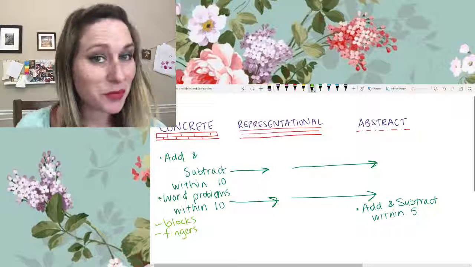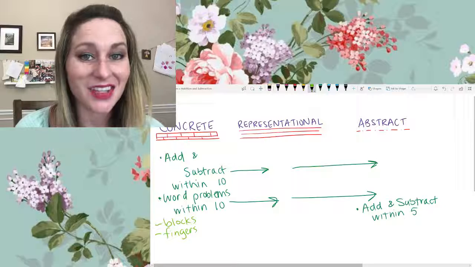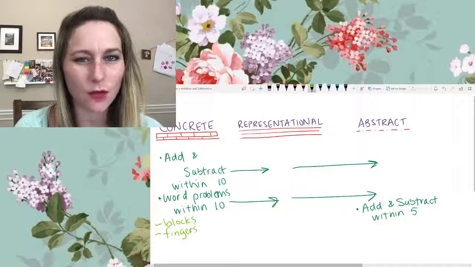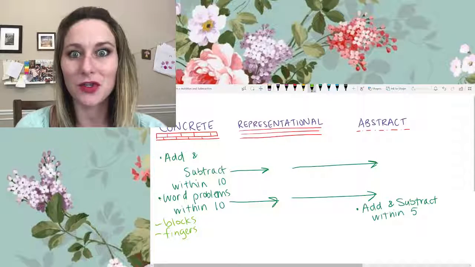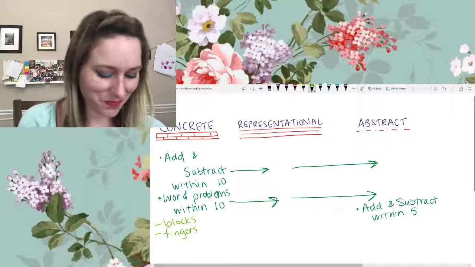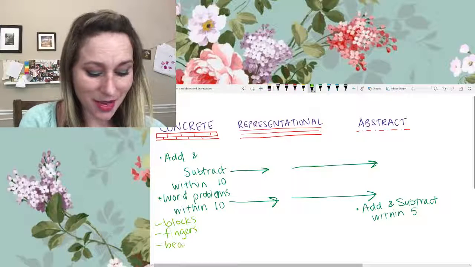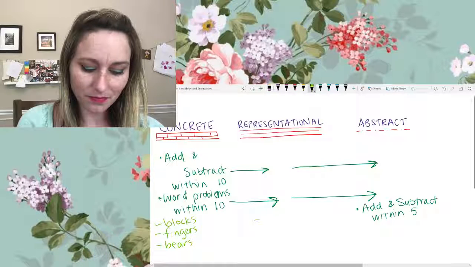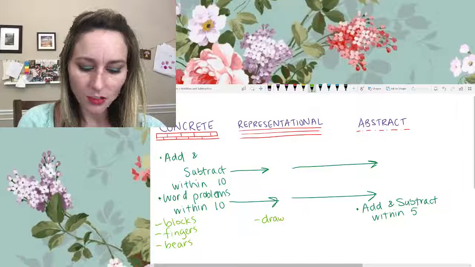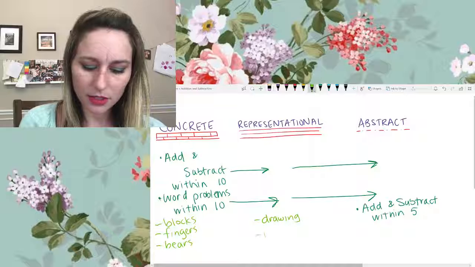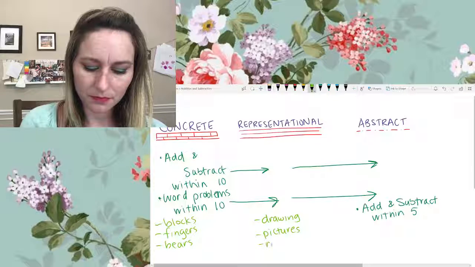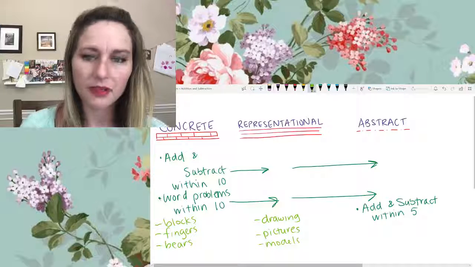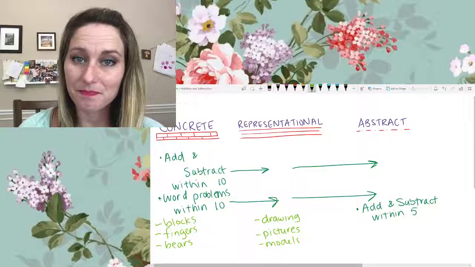If you don't believe me, look up the science on dactylonomy and teach the students that word. They love it. I'm going to use my dactylonomy. Or maybe they're even using teddy bears. Give them context. And then they're drawing pictures or models of the work that they created.